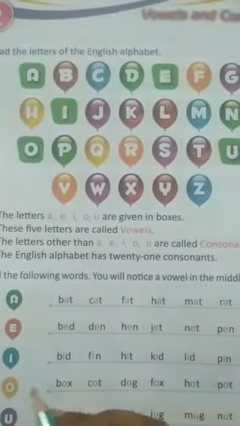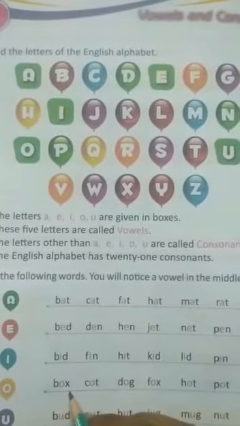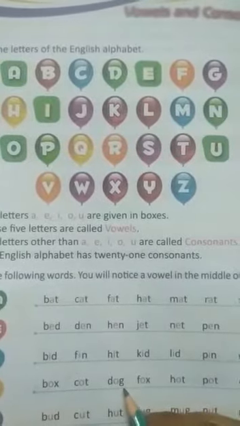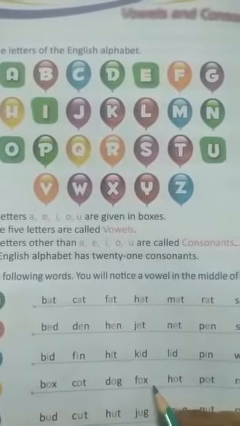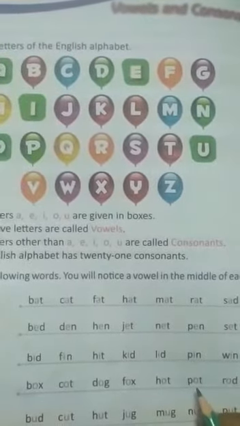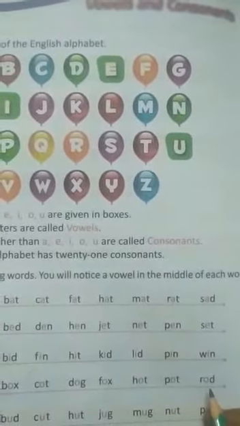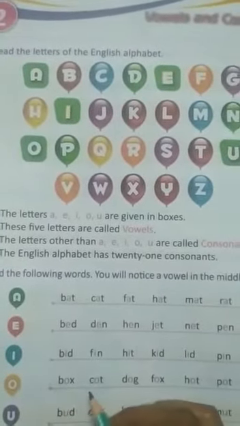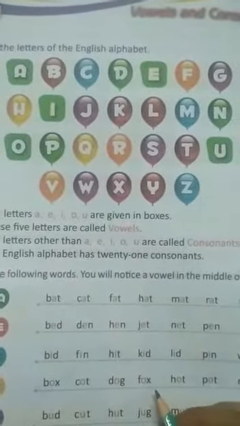Next, O. B, O, X, box. C, O, T, cot. D, O, G, dog. F, O, X, fox. H, O, T, hot. P, O, T, pot. R, O, D, rod. Here vowel O is used in the middle of the words.